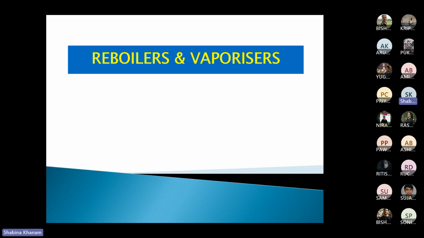So the next equipment in design is reboilers and vaporizer. Reboilers, you all understand, are a part of the distillation column, and a vaporizer is a part of a chemical plant, used when we need vapor as a feed.